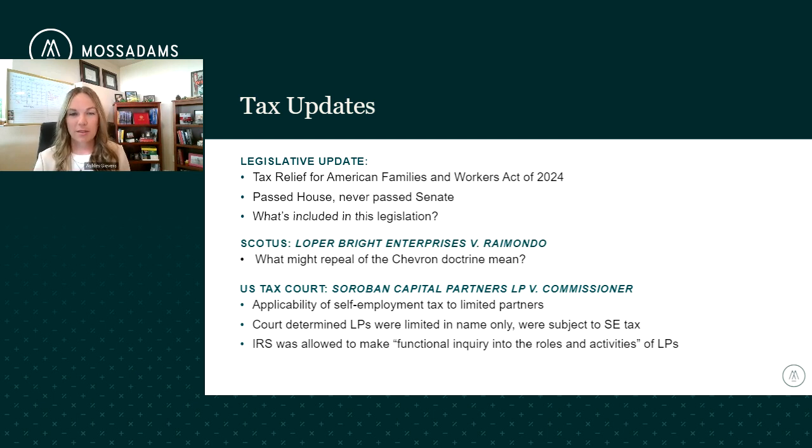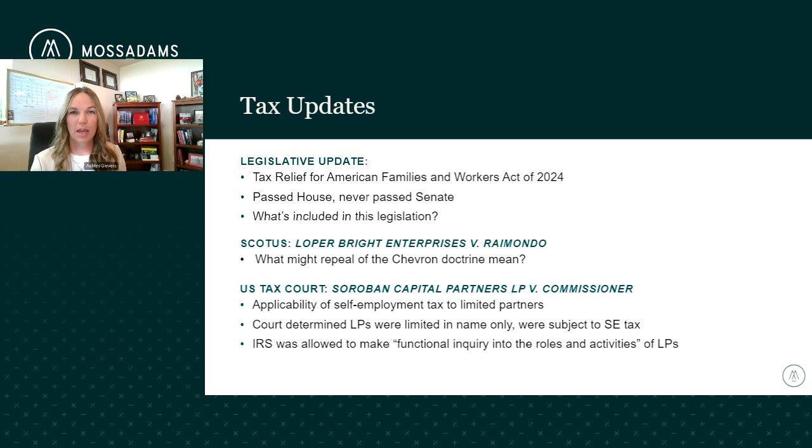Some key provisions are to restore immediate expensing of domestic research and development costs, reinstate 100% bonus depreciation, and restore the add back of depreciation, amortization, and depletion when determining your IRS Section 163J business interest expense deduction. The provisions would have been retroactive and extended through 2025. So we're just going to have to wait and see what happens on that front.